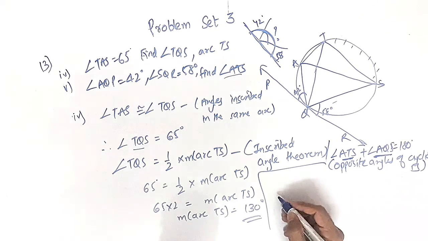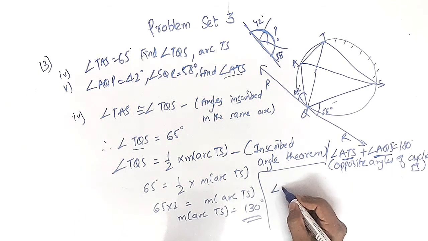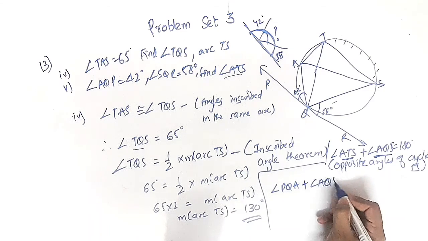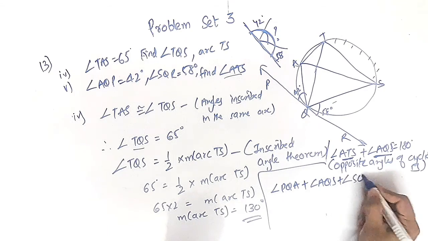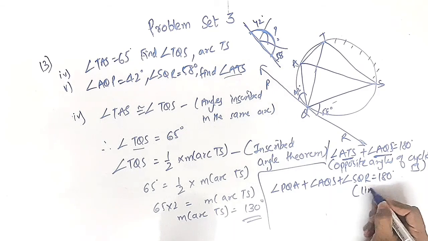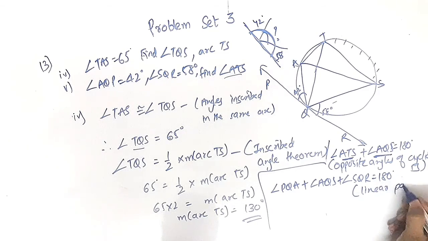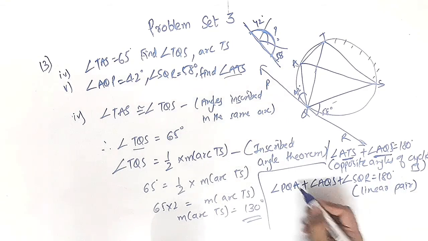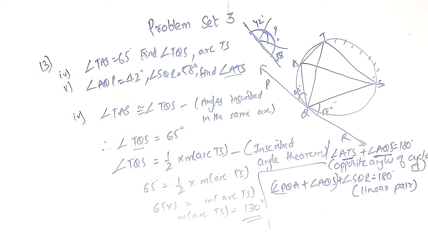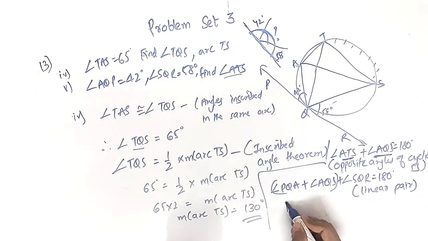Okay, so I'll write angle PQA plus angle AQS plus angle SQR equals 180 degrees. I can simply write linear pair. Because I am saying pair, I'll put a bracket here, 1 and 2. Now substitute.